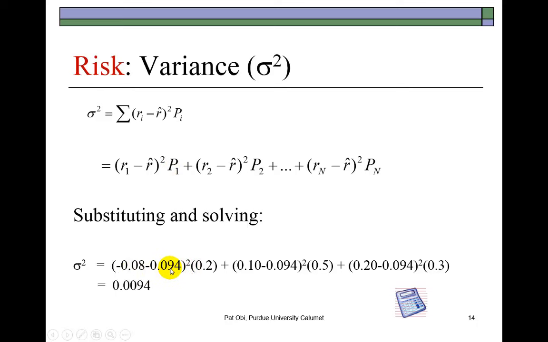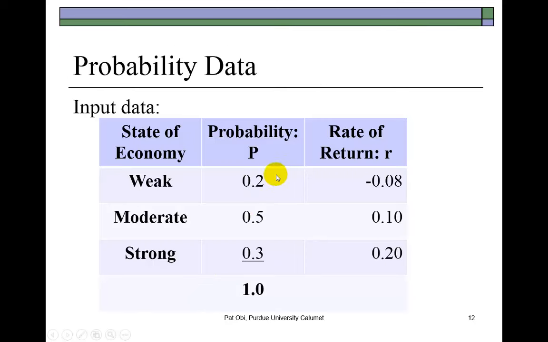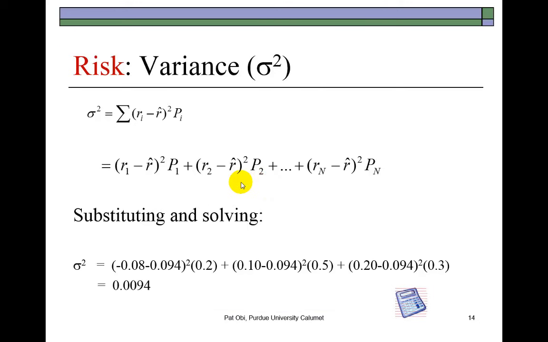So this is the mean subtracted from the first return of negative 0.08, squared, and then multiplied by 0.2, which is the corresponding probability. That's what you see going back right here. So subtracting the mean from this negative 0.08 and multiplying by 0.2, right? And that's how you have the results that you're going to have here.